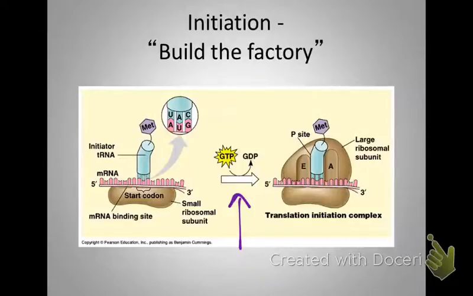All right, so we've got our start codon. Your start codon is always going to be AUG. It's methionine, okay? Now, if you'll look here, the pink represents the codon that's on the messenger RNA. The UAC that is attached to it represents the anticodon that is found on your transfer RNA, okay?